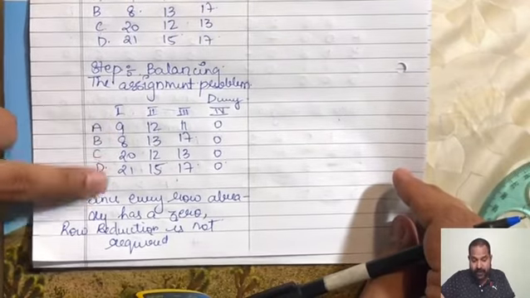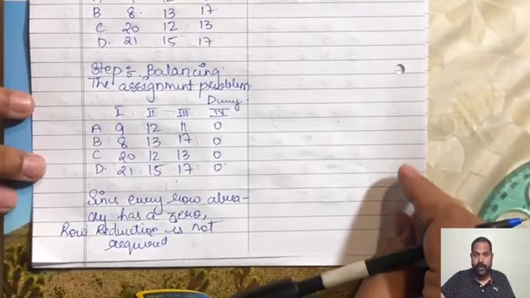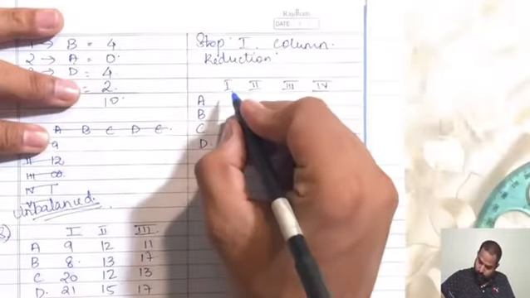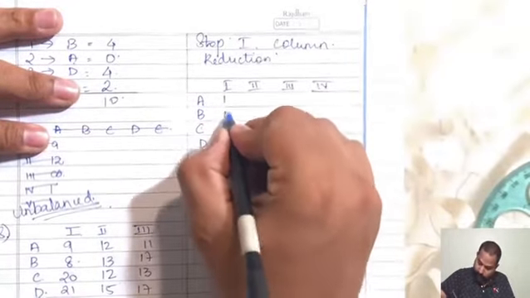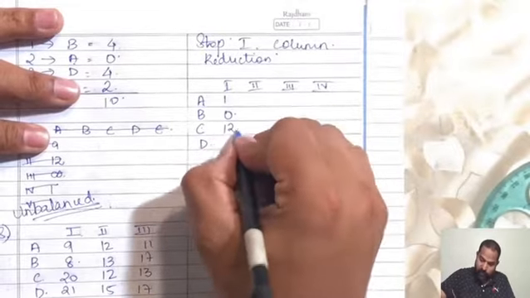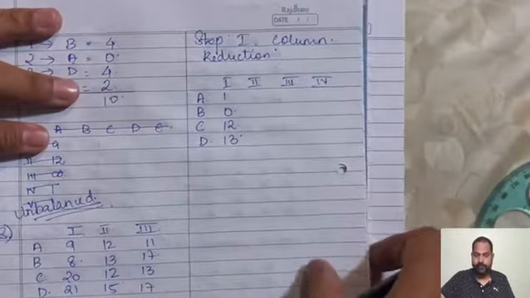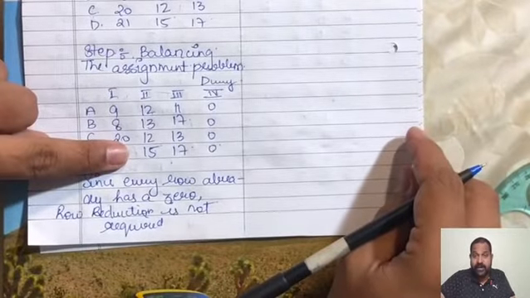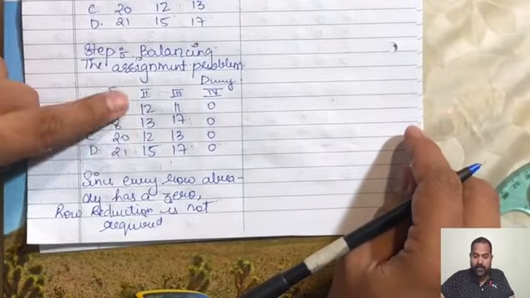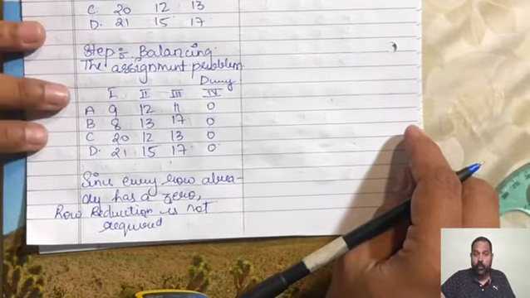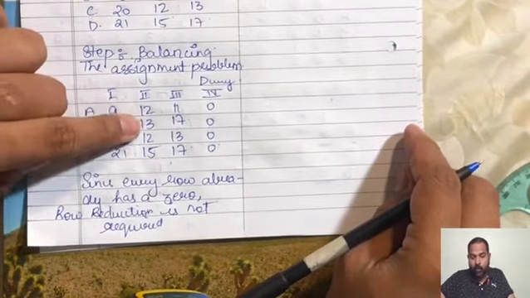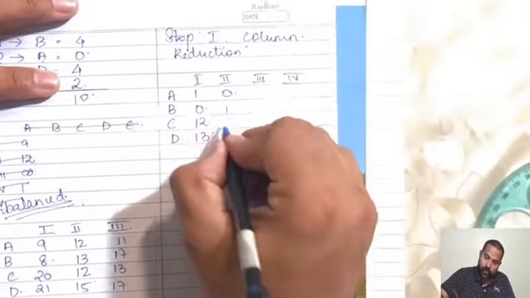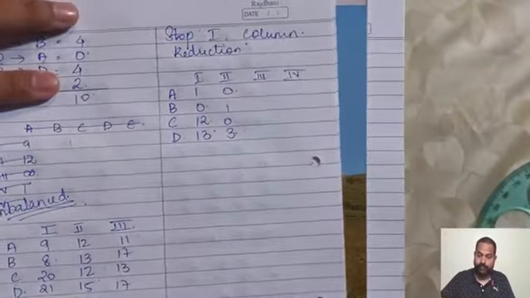Least is 8. Subtract every value by 8. When I subtract by 8, I get 1, 0, 12, 13. Number 2, the least here is 12. Subtract throughout by 12: 0, 1, 0, 3.